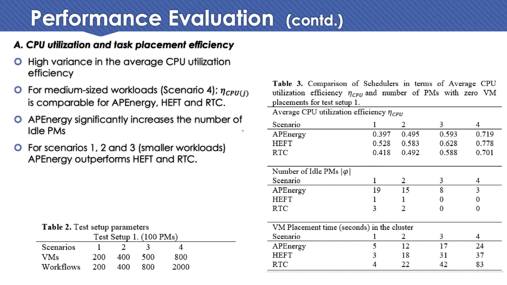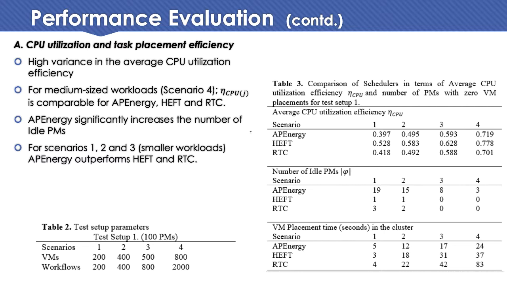We observe a high variance in average CPU utilization efficiency of the APEnergy scheduler when compared to HEFT and RTC in scenario 1. However, as the ratio of the number of applications and VMs per physical machine increases, the efficiency also increases.